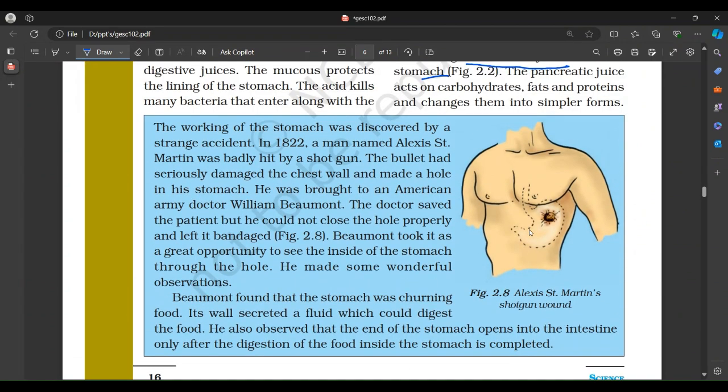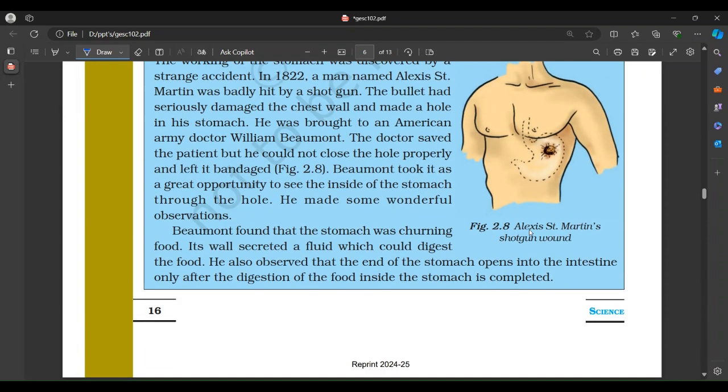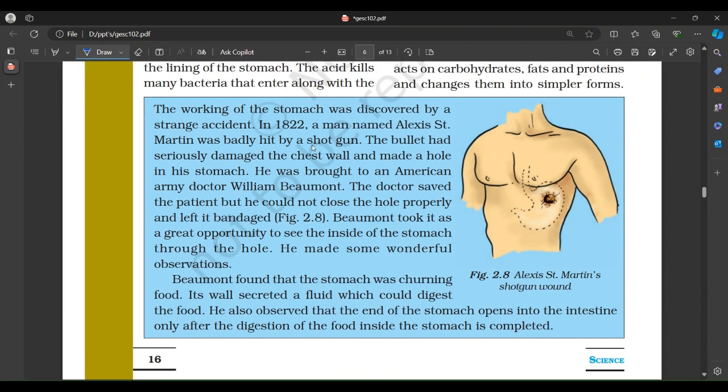So now here we have one piece of information about an incident. The working of the stomach, how the stomach works, was discovered by a strange accident.